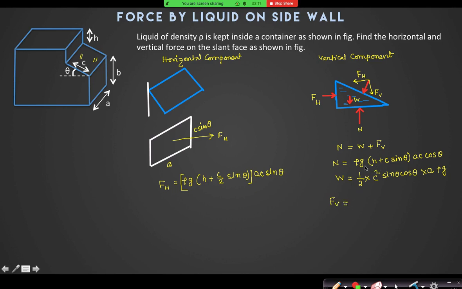So here, look: rho g h AC cos theta plus rho g AC square sin theta cos theta by 2. If I subtract W from N, I think what I will get is rho g h AC cos theta plus half of rho g AC square sin theta cos theta.